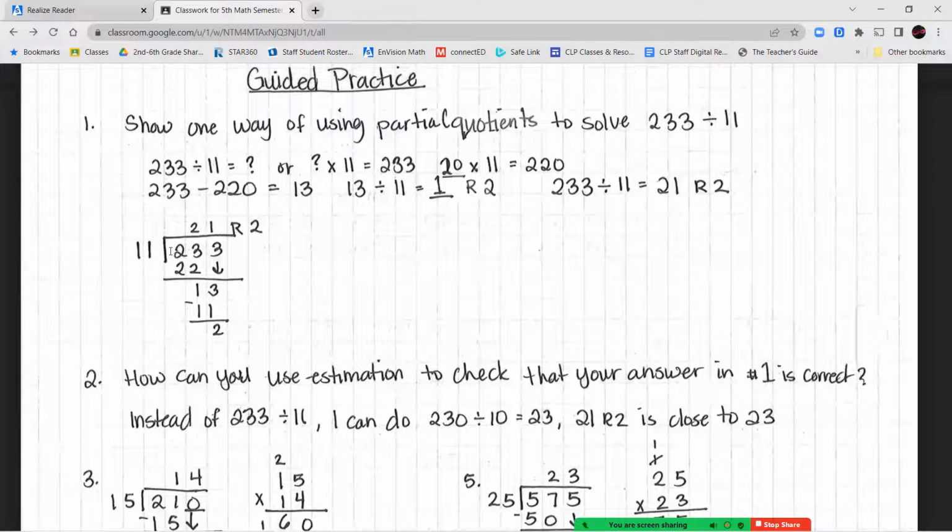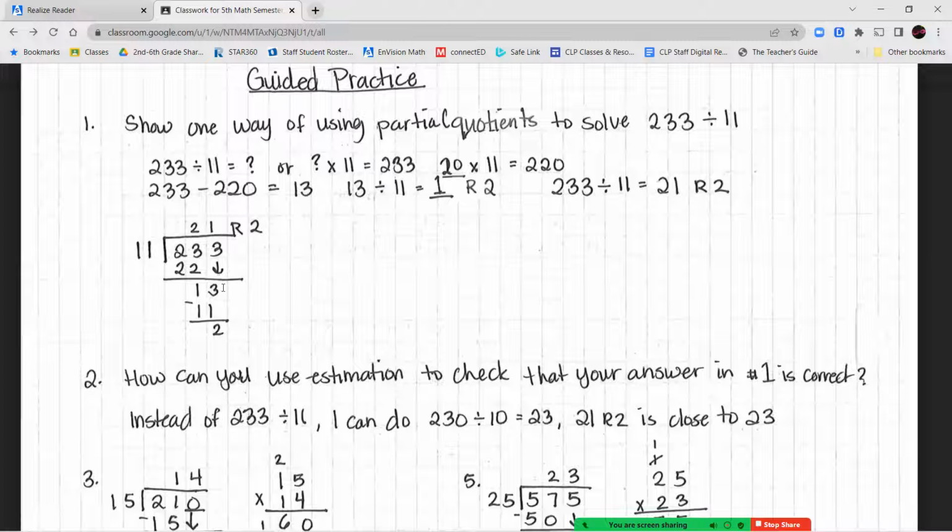Now written as long division, we'll have 233 under our division bridge, our 11 on the outside. There's no groups of 11 in 2, so we'll look at how many groups of 11 are in 23. So we know 11 times 2 is 22, so we subtract 22 from that 23, and we're left with 1.